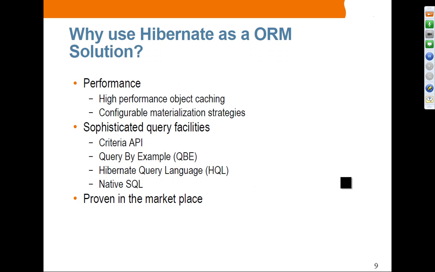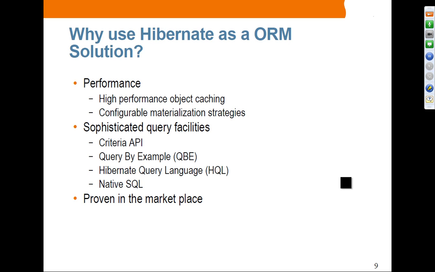Before I move on, we're going to learn JPA later on. One of the questions you might have is which one to use, Hibernate or JPA. The trend is definitely JPA, used as an API layer. You write your code using JPA, which is a standard API in the Java community, so that you have portability of your application.